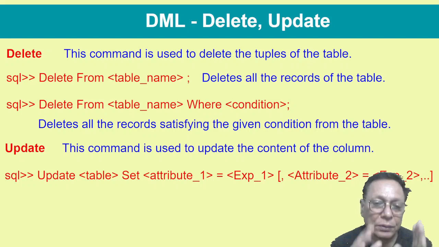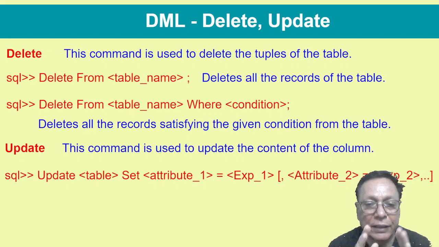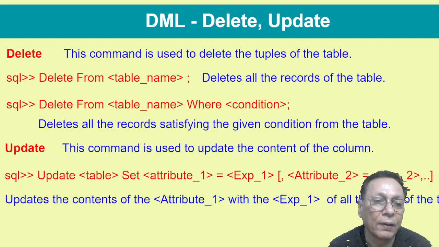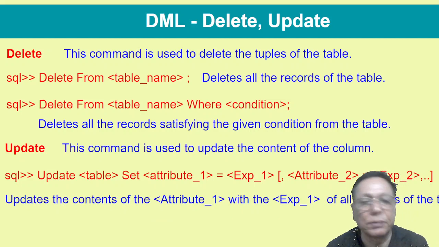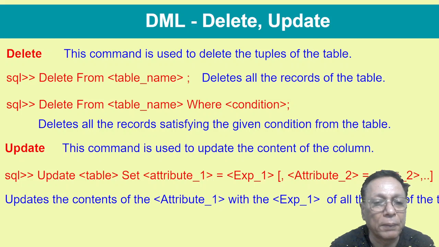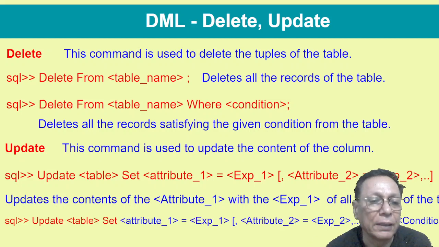But if you want to modify only certain criteria in the table, you can apply the condition also. This updates the content of the attribute with expression 1 of all the rows of the table, and if you want to apply the condition, you can do that as well.